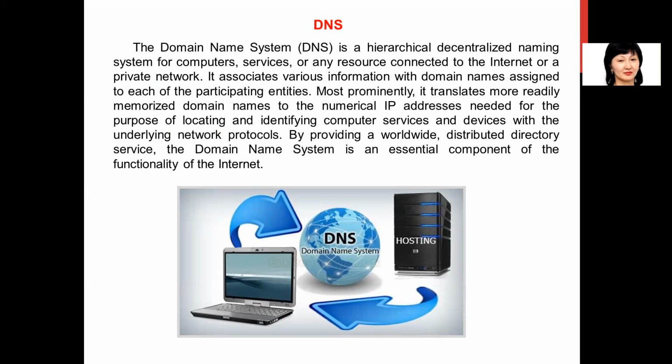Domain Name System is a hierarchical, decentralized naming system for computer services or any resources connected to the Internet or a private network. It associates various information with domain names. The Domain Name System is an essential component of the functionality of the Internet.